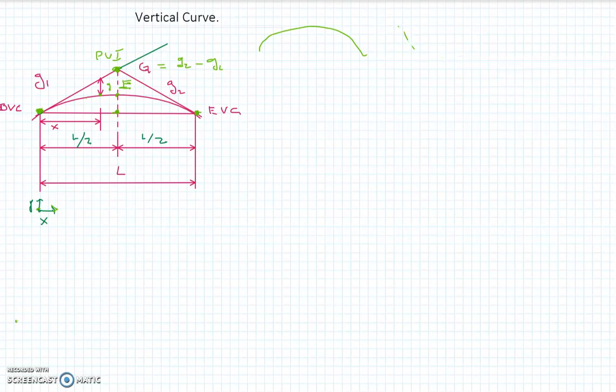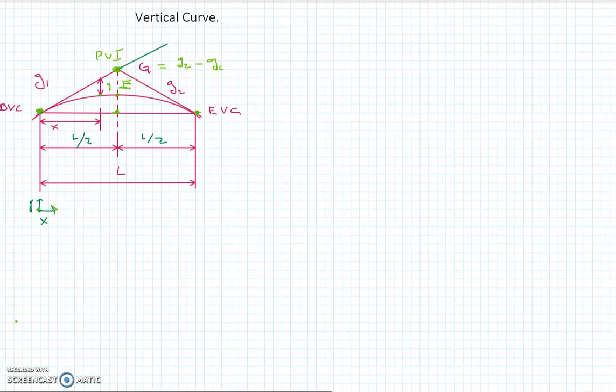Another thing that you need to know is that in most cases the axis of this curve starts at the beginning of the vertical curve.